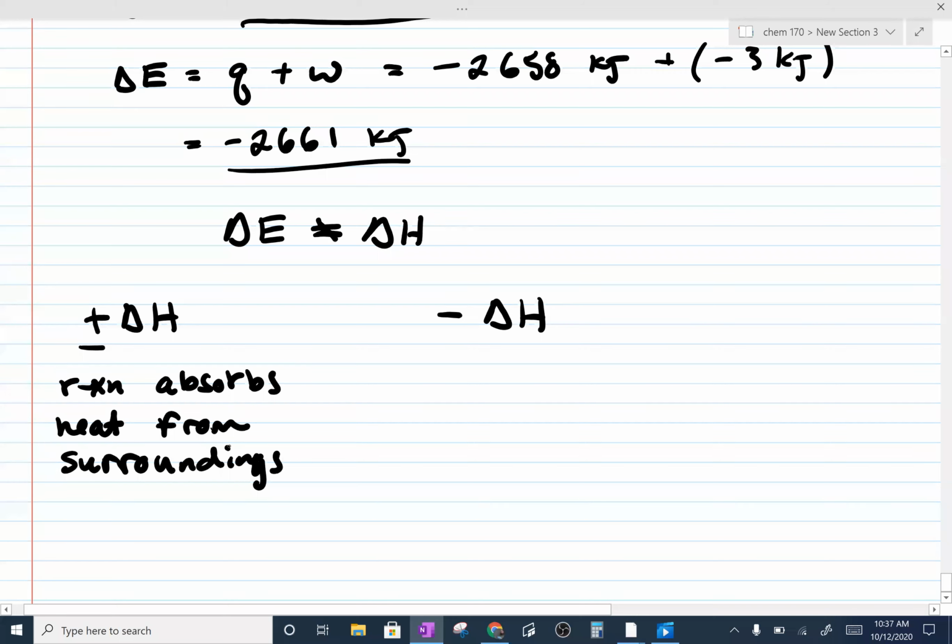Okay, so the system is absorbing heat from the surroundings. It's gaining heat energy. Therefore, the Q is larger than what it was when it started. Therefore, delta H will be positive.